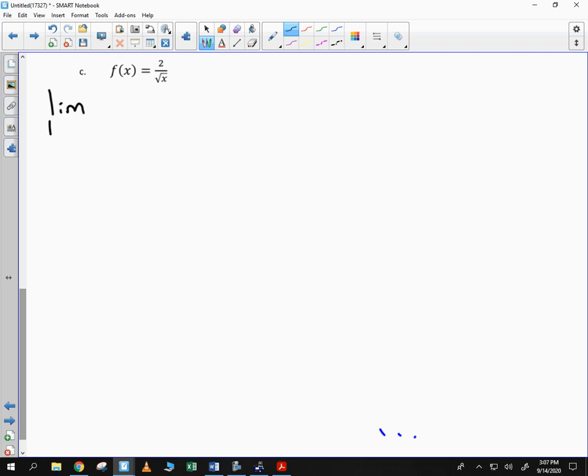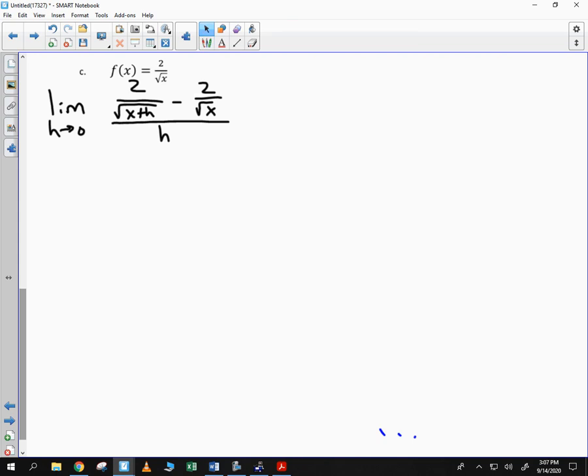the limit as h goes to 0 of 2 over the root of x plus h minus 2 over the root of x all over h. This is difficult because it's a radical and a complex fraction. And in order to simplify this, I first need to make one fraction.